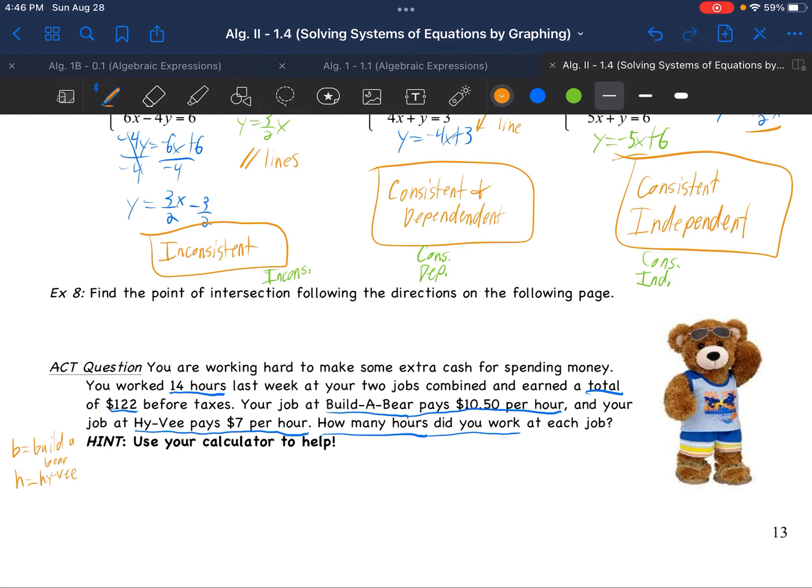Now, let's do these equations. You have 4 different numbers you see here in your paragraph: 14, $122, $7, and $10.50, which is also in dollars. We know an equation will typically, not always, but typically have three different parts.